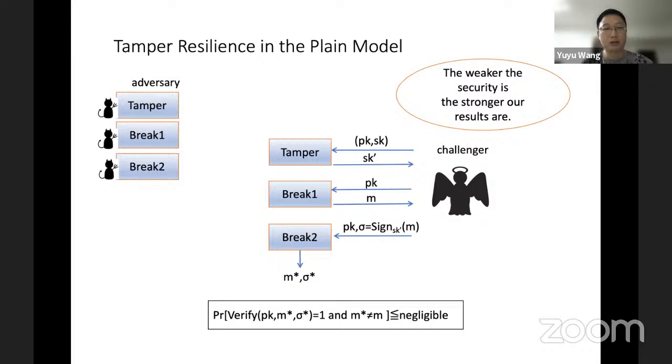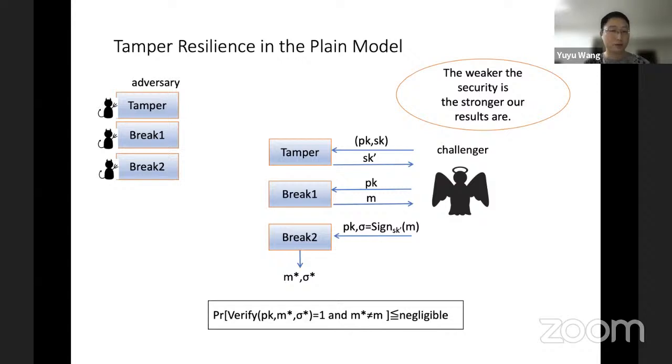Tamper can be treated as a selective tampering function, which takes as input the public key and the secret key, and outputs a tampered secret key, which is SK prime. Brick 1 takes as input the public key and makes a signing query, which is M. And Brick 2 takes as input the public key and the signature generated by the tampered key SK prime, and tries to forge a message and signature.